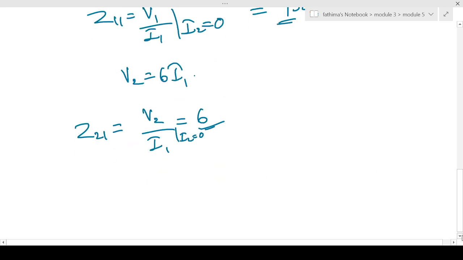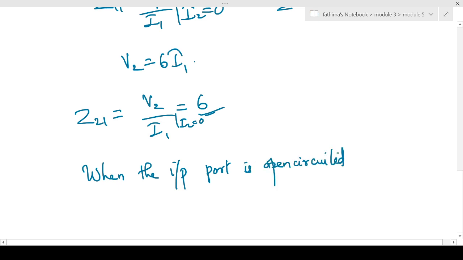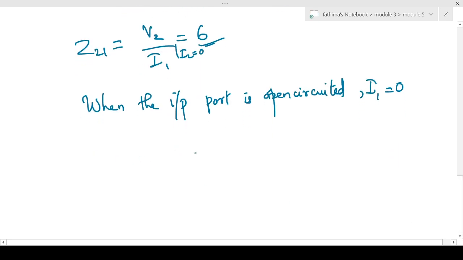Now next we have to find Z12 and Z22. For that we will open circuit the input port, that is I1 is equal to 0. So we can draw the network.